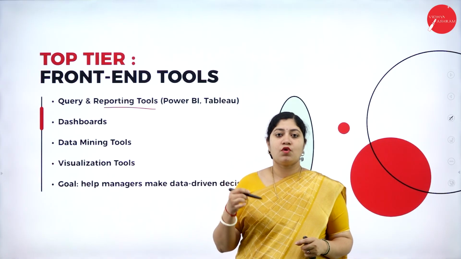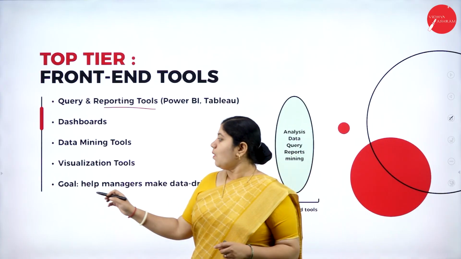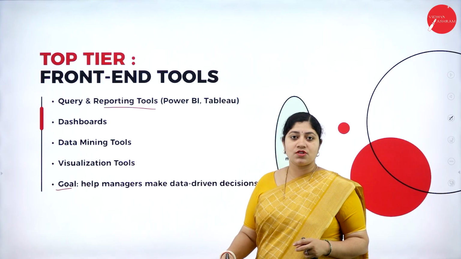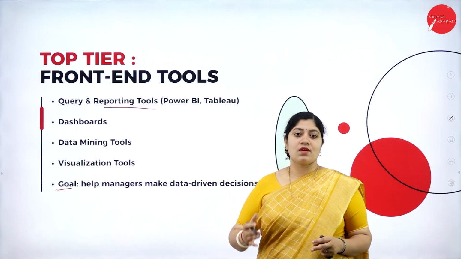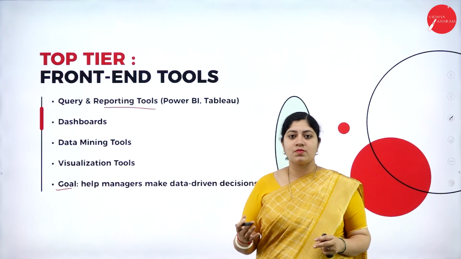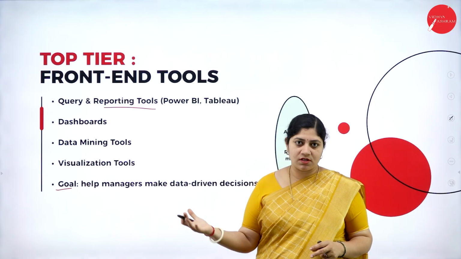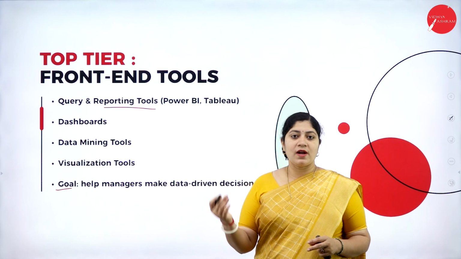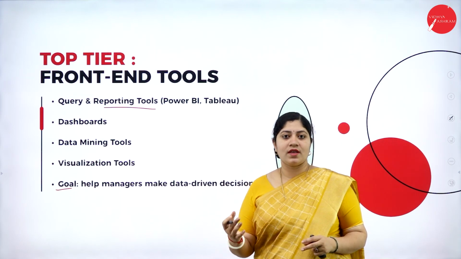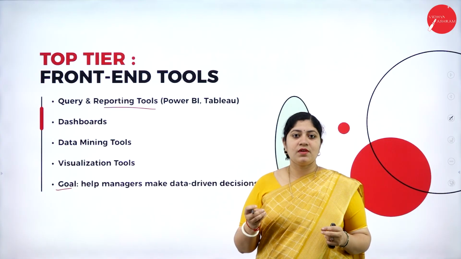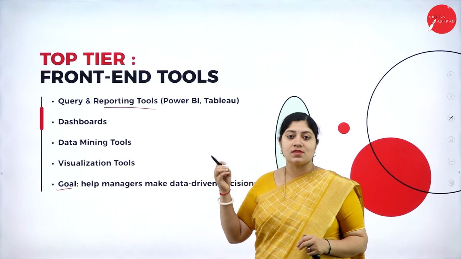And now let's see what is the main goal of this top tier architecture. It helps managers to take data driven decisions. Usually you might have observed the top management always has to take multiple decisions. Now for those multiple decisions, they can't take the decisions based on various criteria alone, correct? There will be something which is called data.